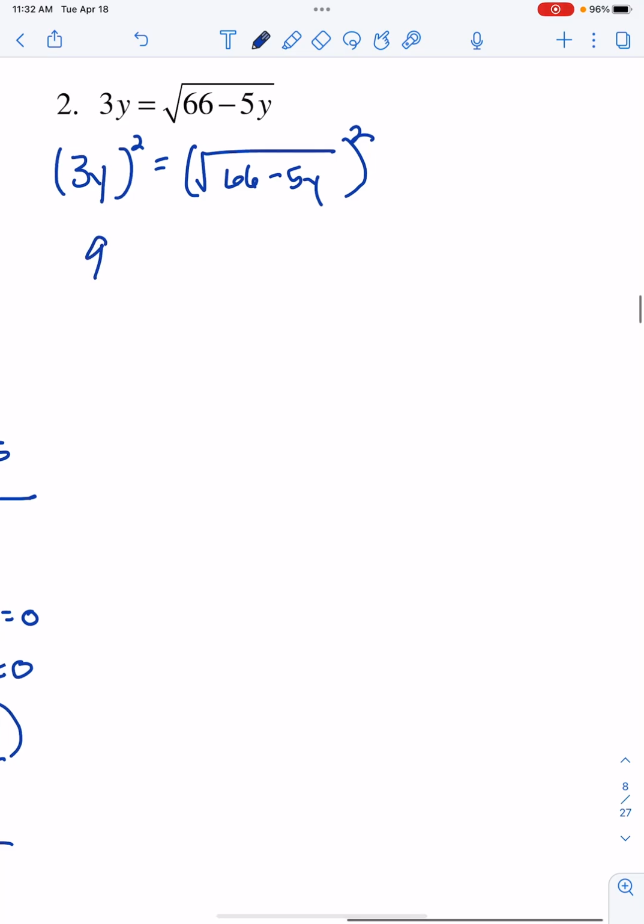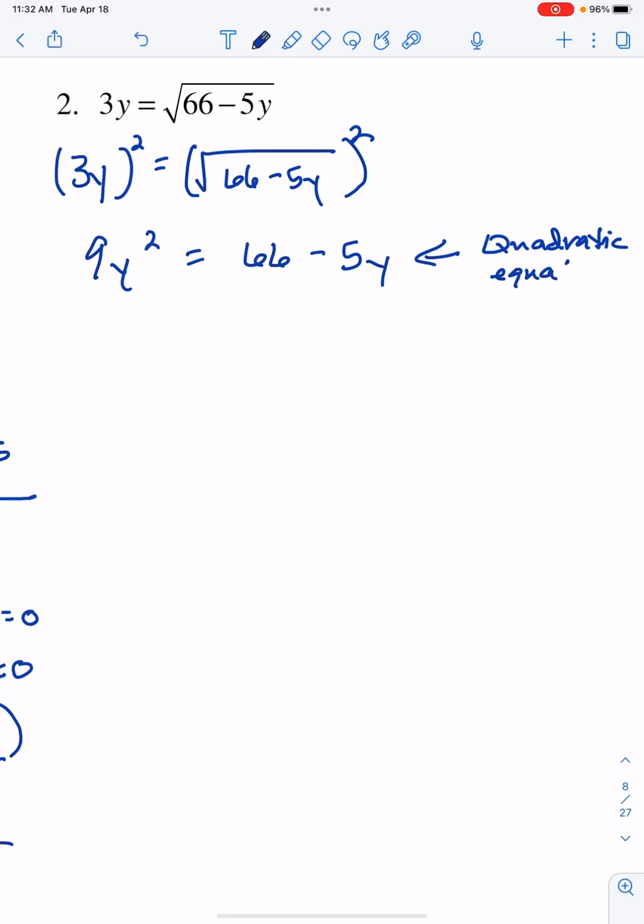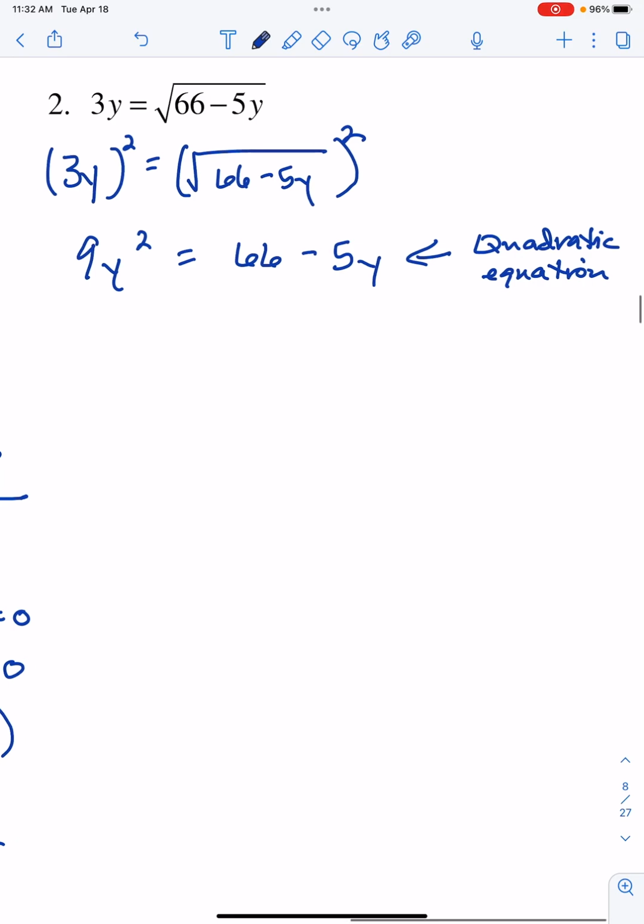So this becomes 9y squared equals 66 minus 5y, because squaring a square root cancels each other out. Now this is a quadratic equation. I'm going to set it to 0.